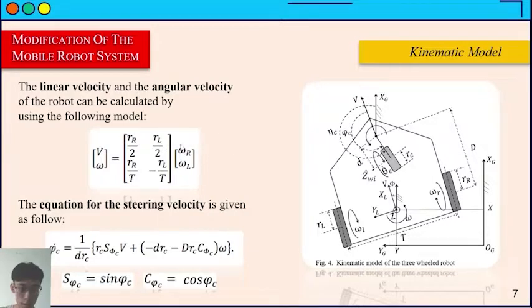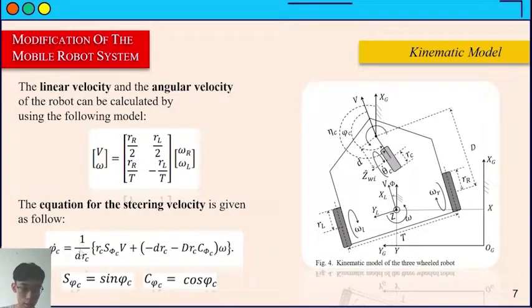If you have the radius of the left wheel and the radius of the right wheel, also you have omega left, omega right, and the distance between two wheels is T, you can calculate the velocity and the angular velocity of the robot.